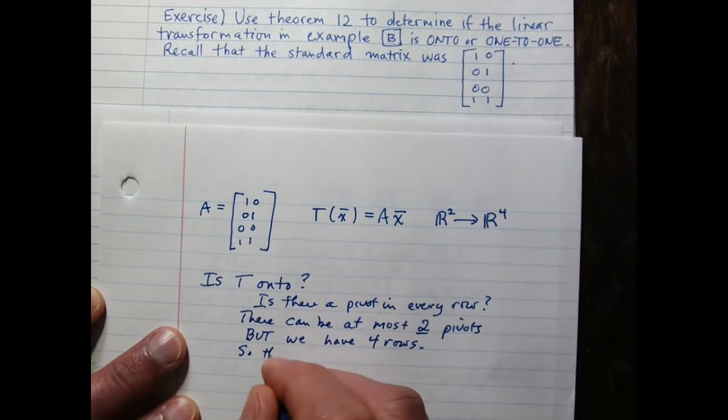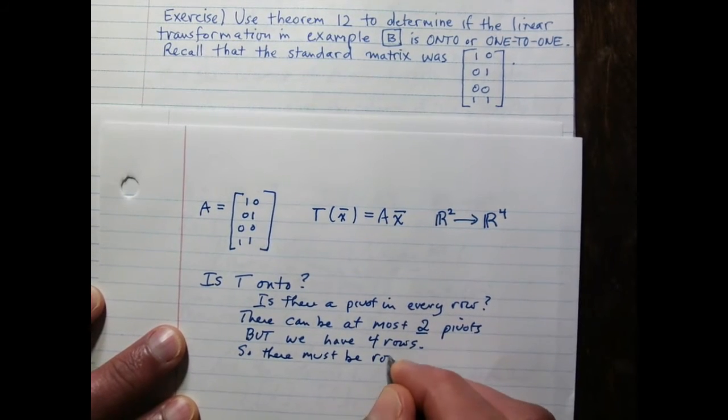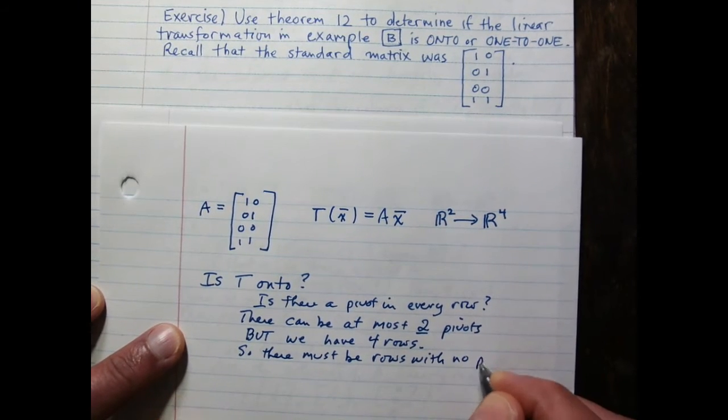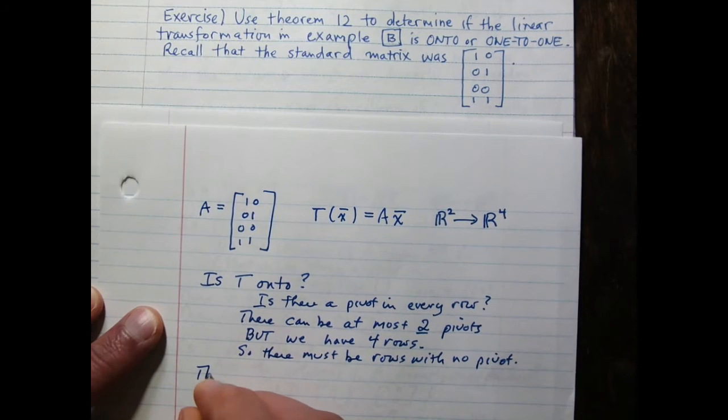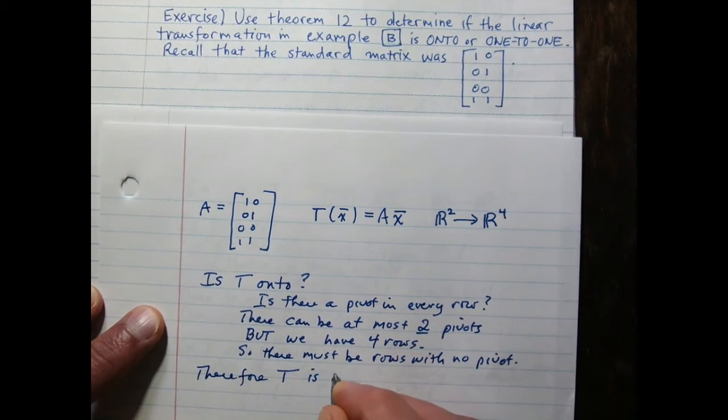So there must be rows with no pivot, and so therefore T is not onto.